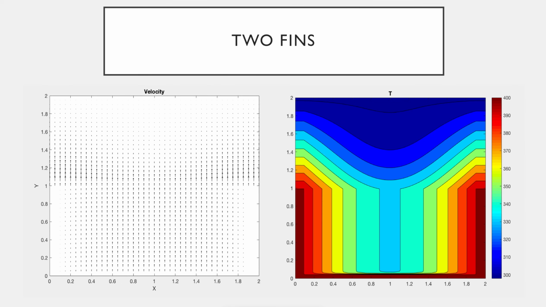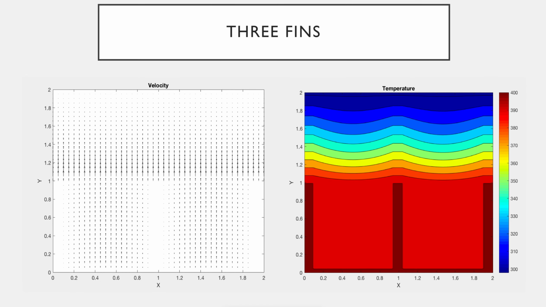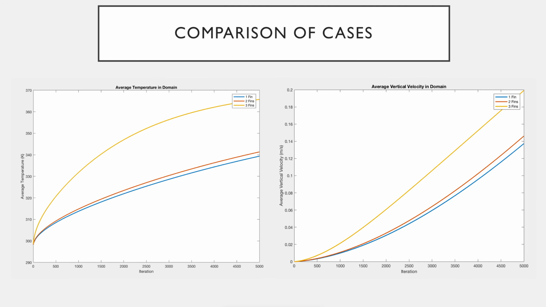And here's the solution for 2 fins after 5,000 iterations. And for 3 fins after 5,000 iterations. Please note on all these solutions, there is a sharp discontinuity in the curve between the 2 domains.